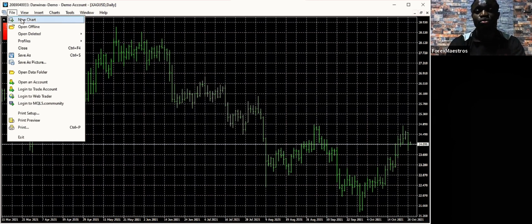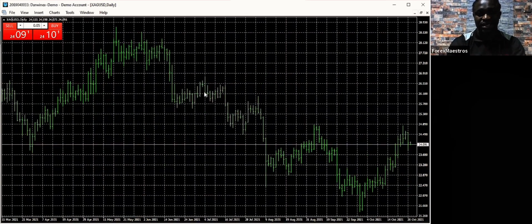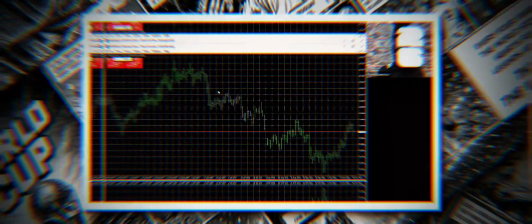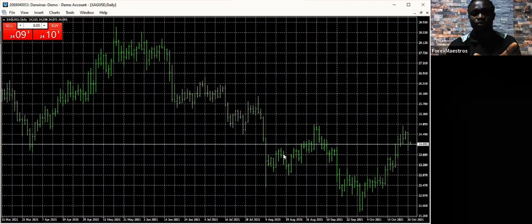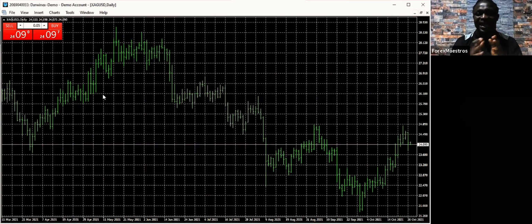When we say new chart, what you see here, this black background with these lines and sticks on them, we call it a chart. It represents an asset. We call it a chart because it's an asset chart. This is for silver USD.